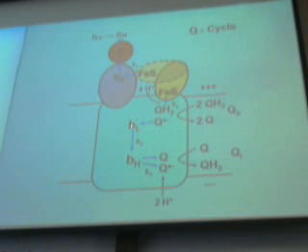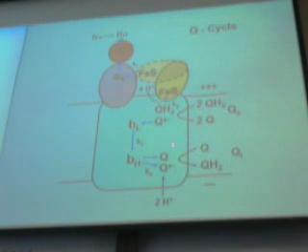That delivers its electron to cytochrome BL, then to cytochrome BH, and then it reduces coenzyme Q at the QI site to a semiquinone Q dot minus. That's the first half of the cycle. The second half of the cycle is the second of these QH2s comes in and repeats everything the same way. First electron goes there, second electron goes there, but now it reduces the semiquinone to QH2.